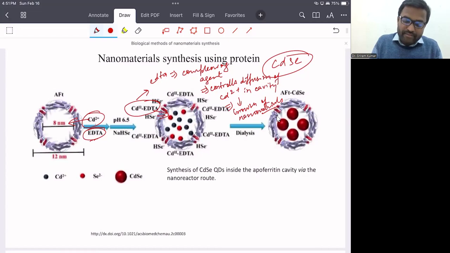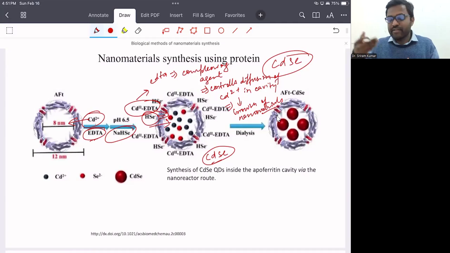And if we add the precursor of the selenide, that will enter inside, and there is the formation of cadmium plus 2 and selenide, and we have cadmium selenide. So a nucleation process happens, and after that comes the growth of the nanomaterial.